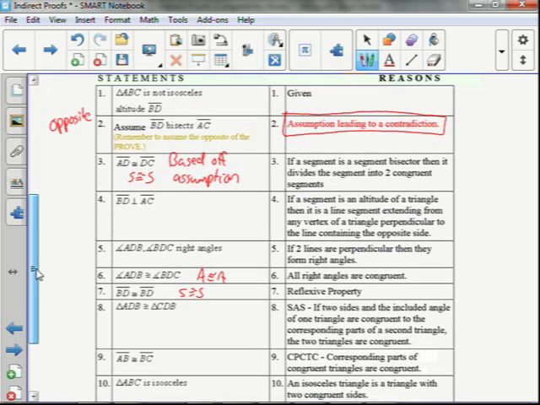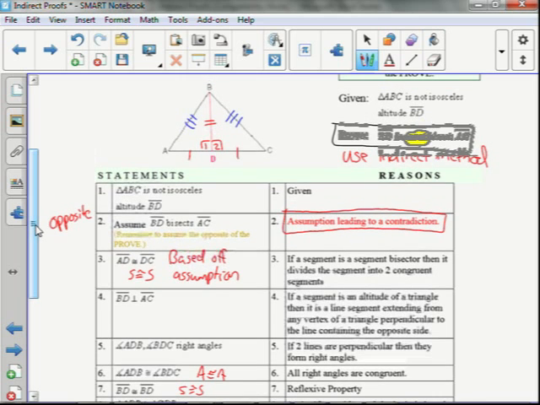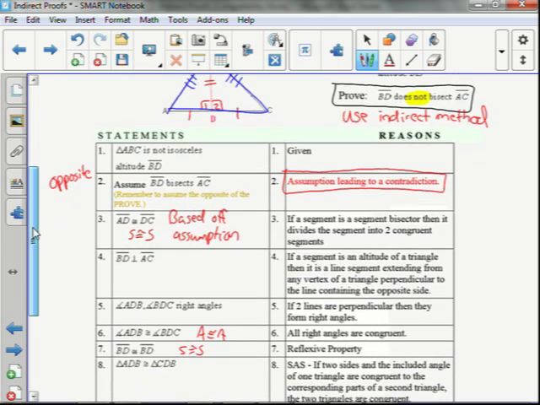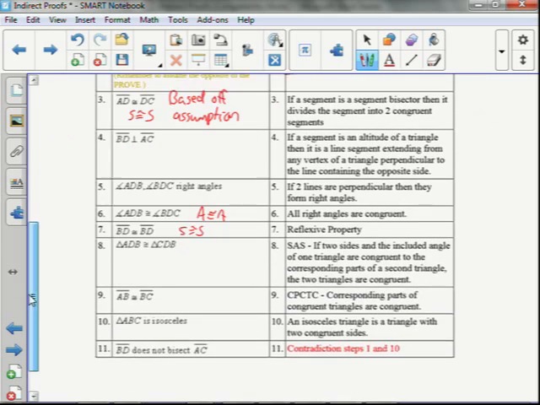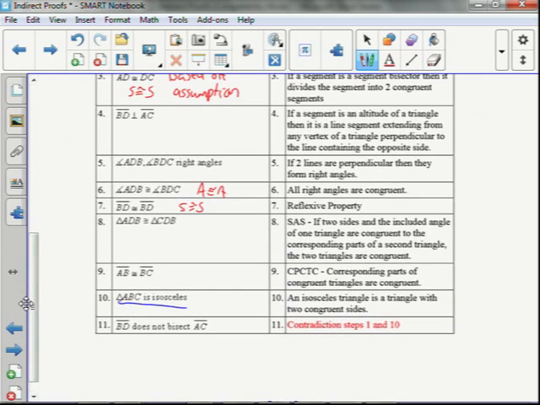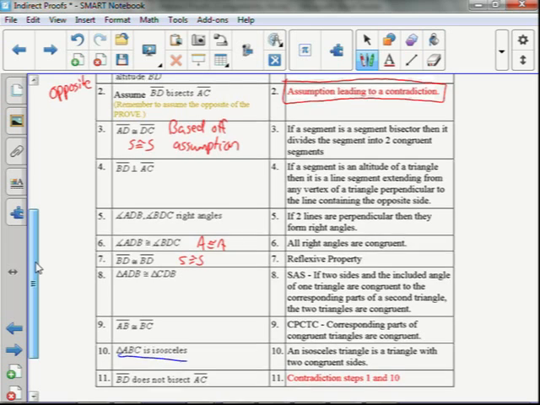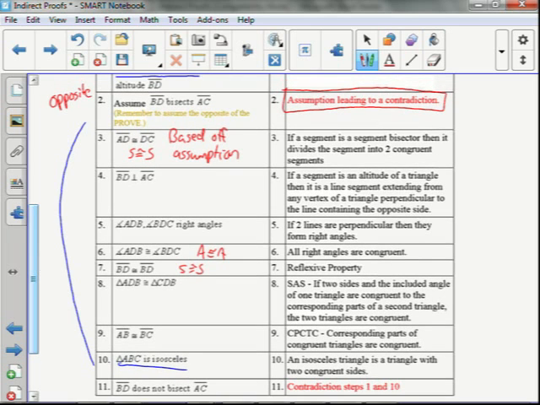Statement 10, ABC, this big triangle, is isosceles. Why? Two of the sides are congruent. Well, wait a minute, that's a contradiction to our given. ABC is not isosceles. Here we're proving that it is isosceles. But what was our proof built on? Well, it was all built off of this assumption that BD bisects AC.